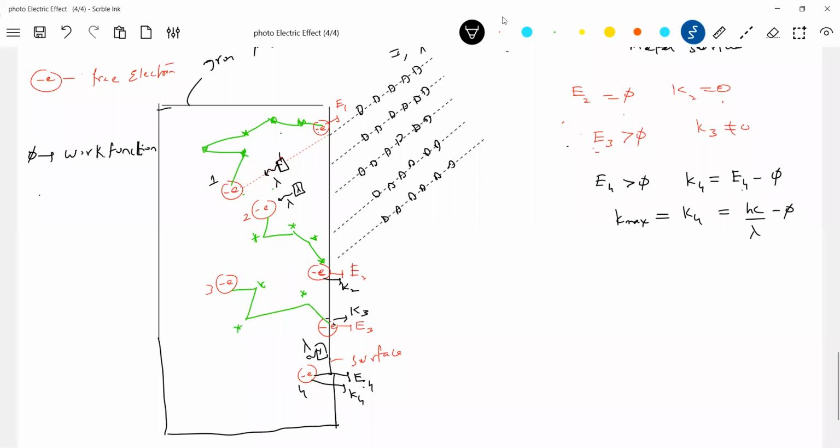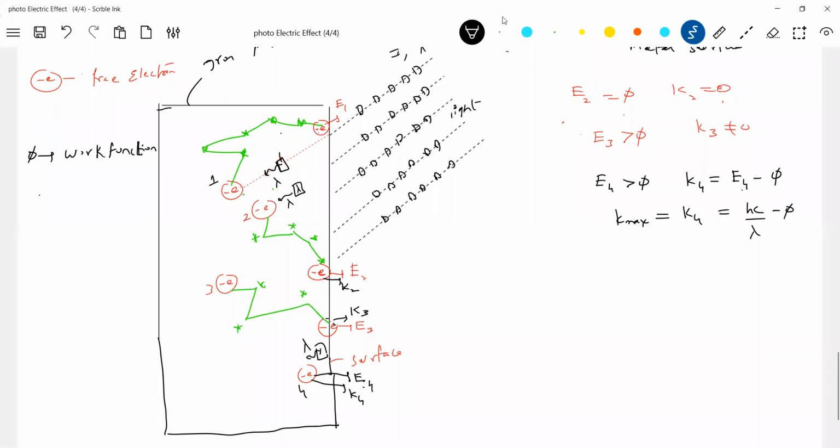We'll call it K4. So tell me, the ejected electrons are called photoelectrons. I'm making things clear. You get valence electrons, free electrons, photoelectrons. What are photoelectrons? Those which are ejected by a surface. When light is incident on a surface, what happens?